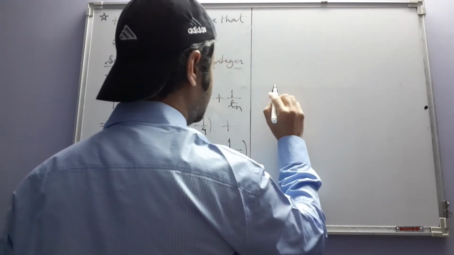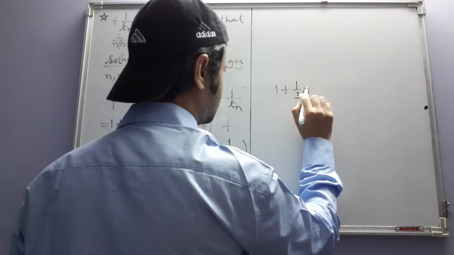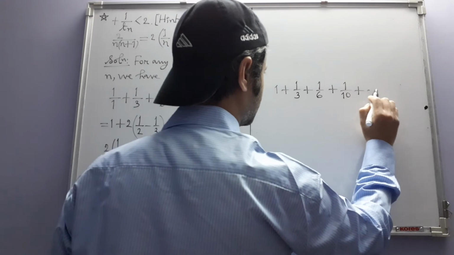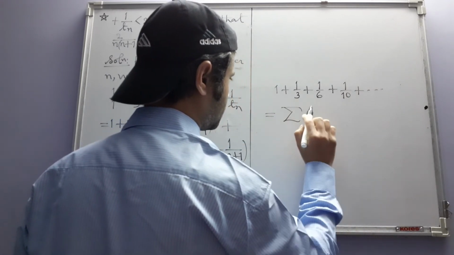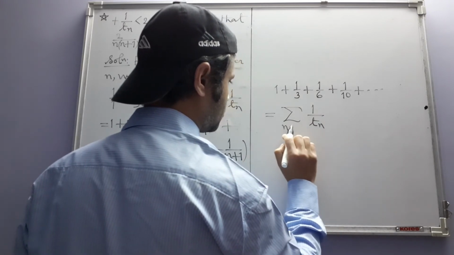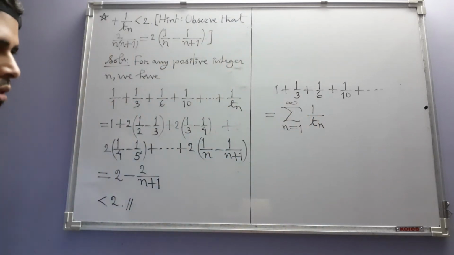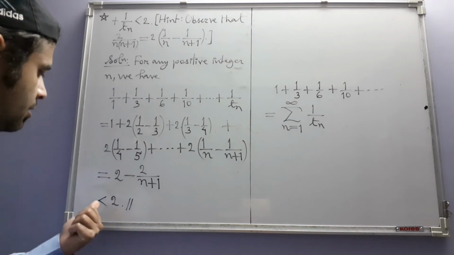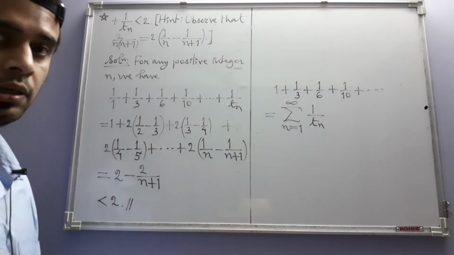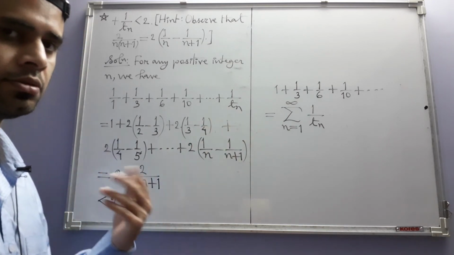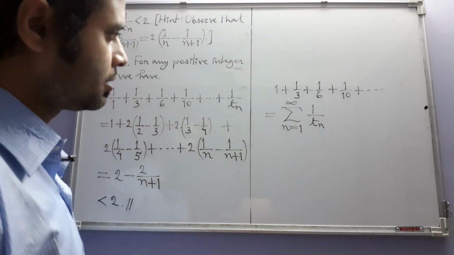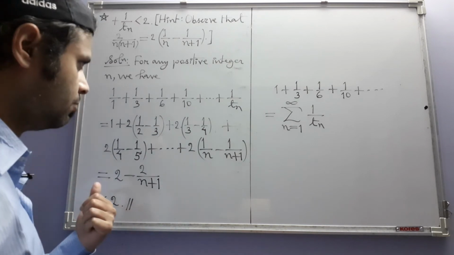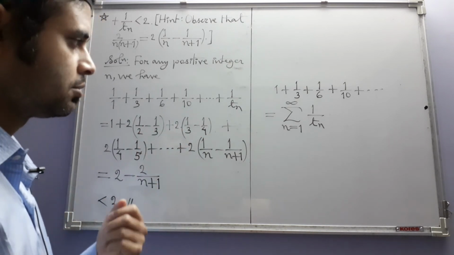Now, if one considers this infinite series, 1, 3, 6, 10, etc., the series where the nth term is the reciprocal of the nth triangular number, then this inequality, or rather infinitely many inequalities, because as n changes you get many inequalities, tells us that the sequence of partial sums of this series is bounded above by 2, and the series is a series with positive terms, so it is convergent.